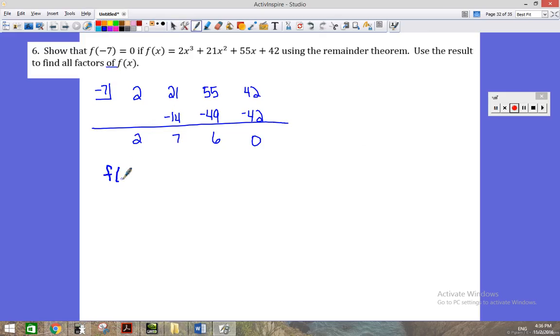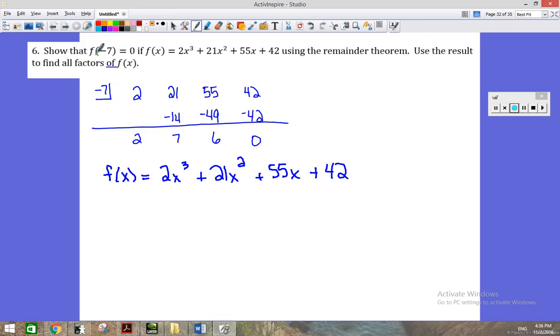This function that is given to me as 2x cubed plus 21x squared plus 55x, I don't have any techniques yet that allows me to jump in and factor this third degree polynomial.